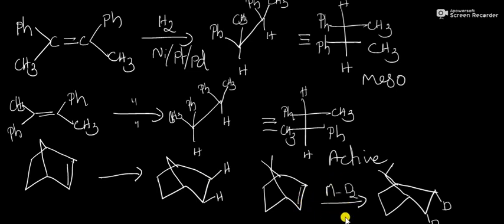When we hydrogenate using deuterium, we get a saturated deuterium labeled compound. Here this is the steric hindrance area, so we get the product like this. The orientation of deuterium will be in this manner.